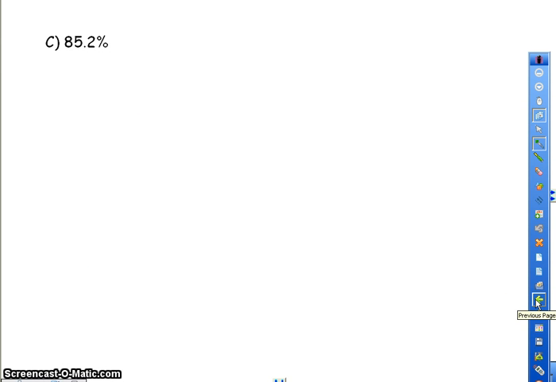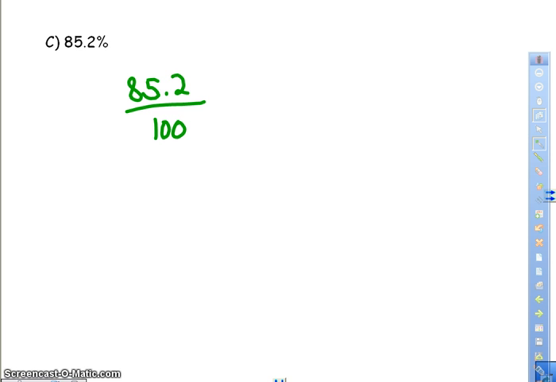And then we have 85 and 2/10. So that's 85 and 2/10, dividing that by 100. Remember, when you divide by 100, we're just moving that decimal point back 1, 2 places. That would be 852 thousandths.